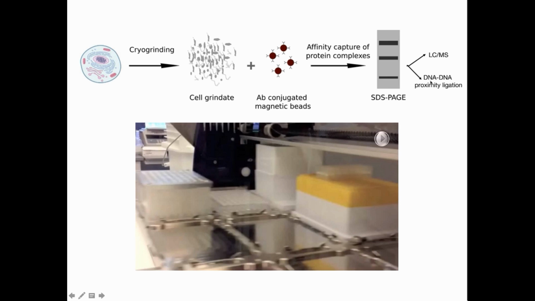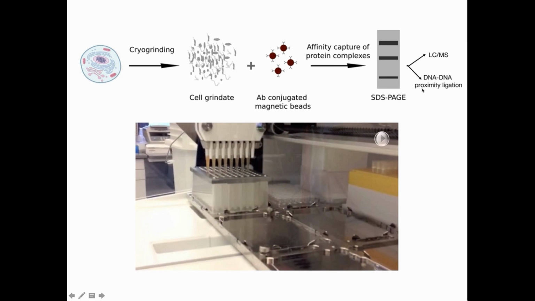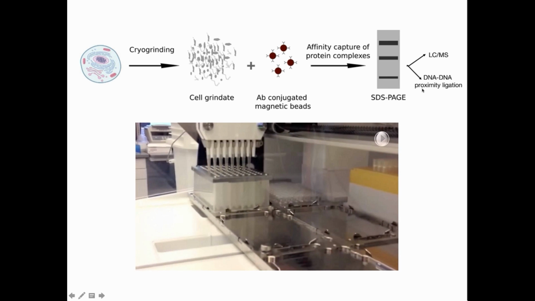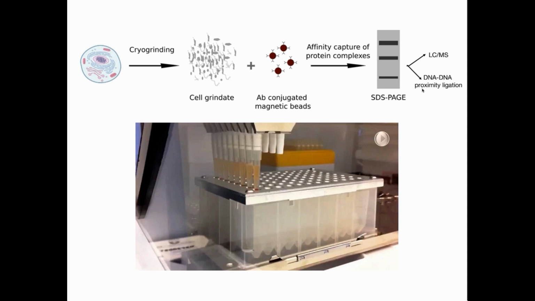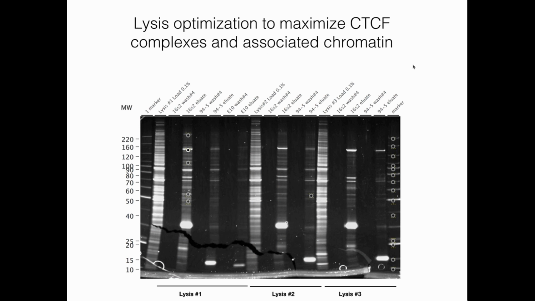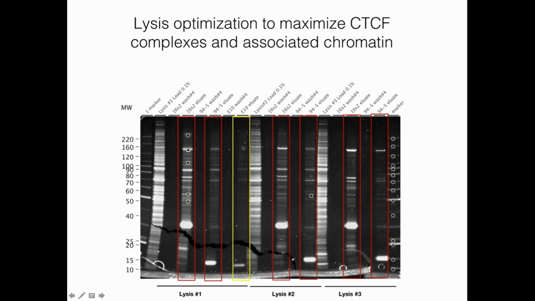What we've done right now is some lysis optimization to maximize CTCF complexes and the associated chromatin. So we have 3 different lysis buffers here on the bottom, 1, 2, and 3. And if you look in the next lane, the lane in yellow is our negative control, a nanobody that doesn't bind CTCF. And in red are various nanobodies to GFP.